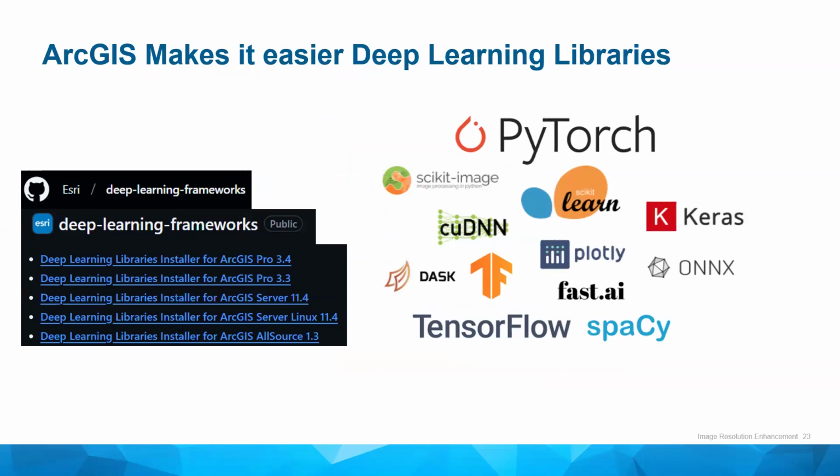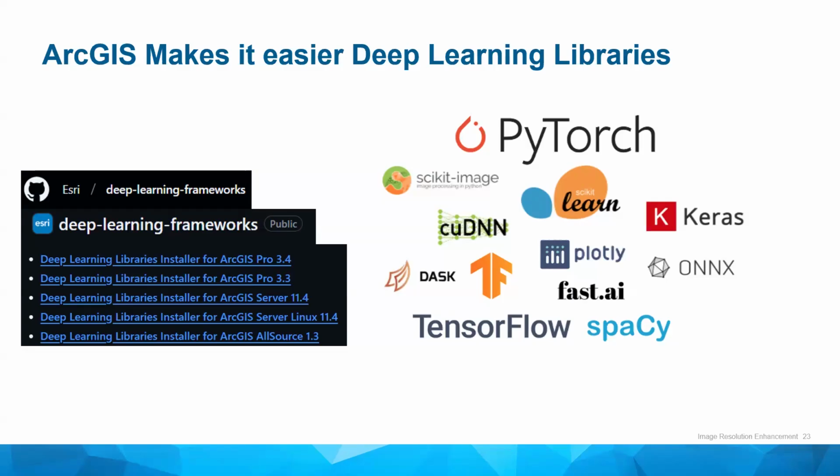In ArcGIS, instead of downloading each one and matching it, you can just simply use something called deep learning framework. Deep learning framework combines all of these libraries that are needed and integrates them within ArcGIS Pro. So first, you get all of the libraries already configured. So if you're doing coding, you can directly start working.